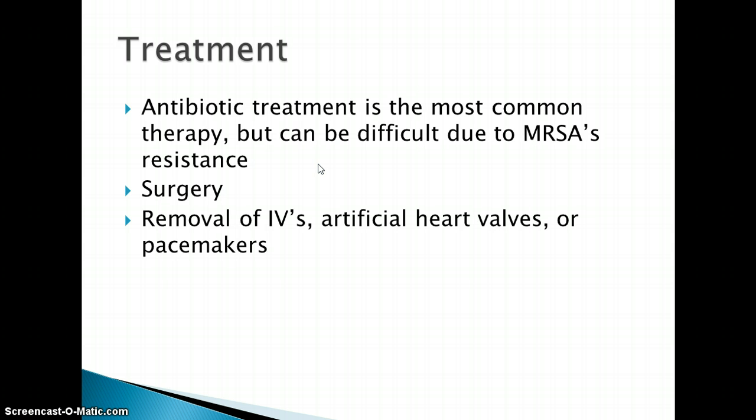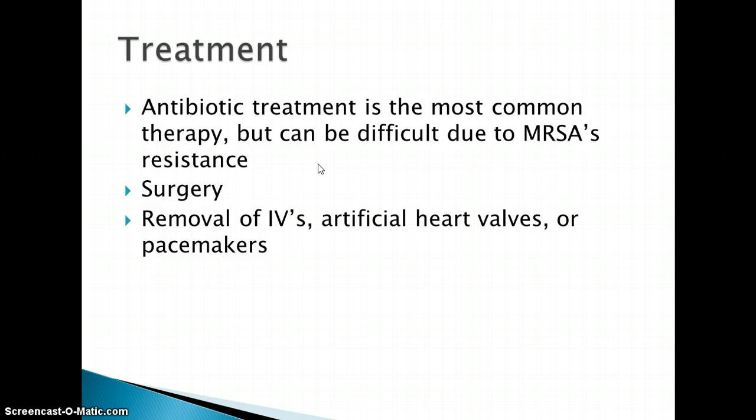MRSA infections can be extremely difficult to treat because of their resistance to antibiotics, but if they are caught in the earlier stages, the treatment is easier. So antibacterial treatment is the most common therapy, but it can be really difficult because of the resistance.